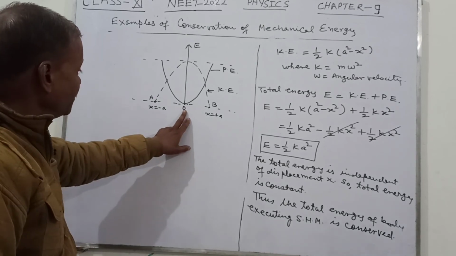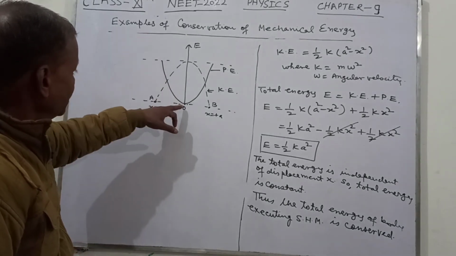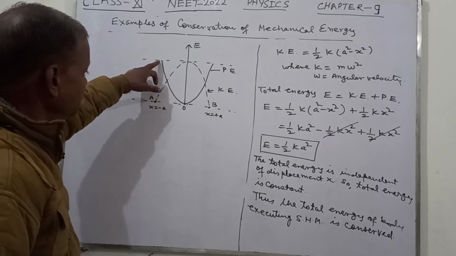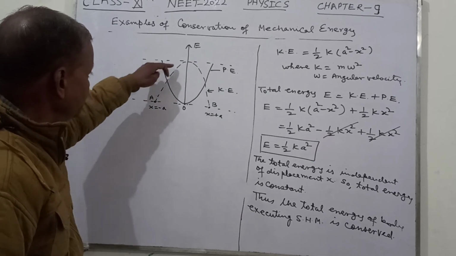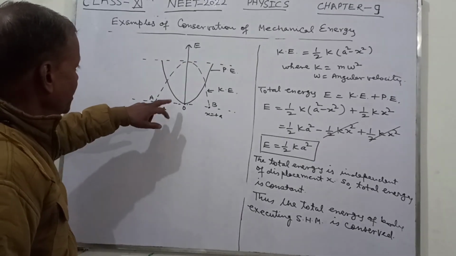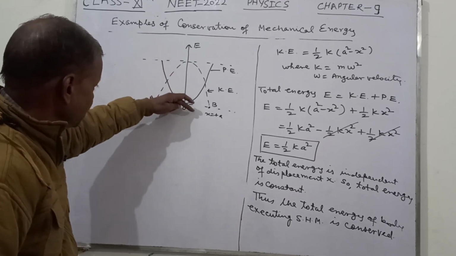So when we go from O to A, read this graph: the potential energy is increasing, and the kinetic energy is decreasing. And when we come back, the graph is repeated in this way.